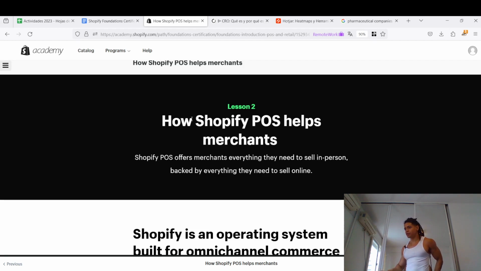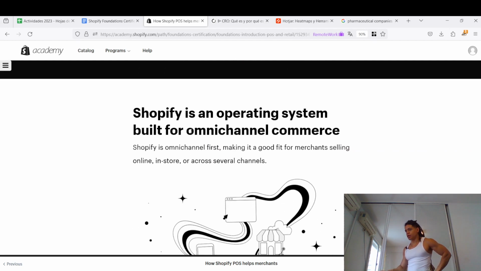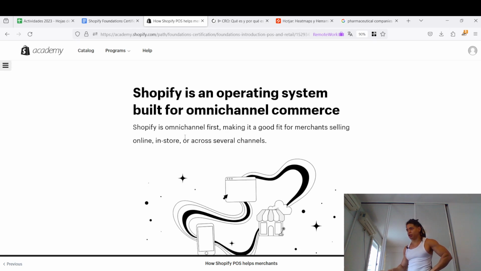So Shopify POS offers merchants everything they need to sell in person, backed by everything they need to sell online. So Shopify is an operating system built for omni-channel commerce.